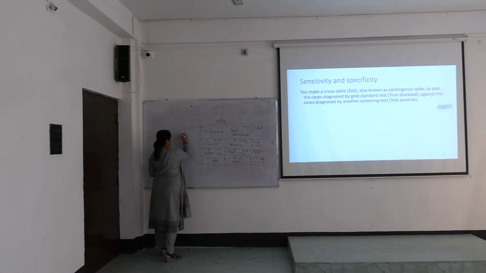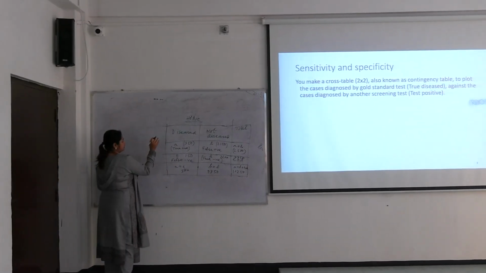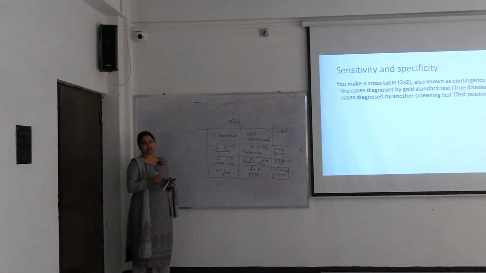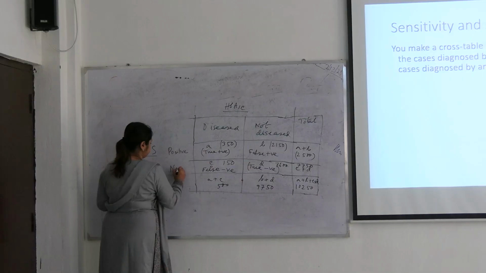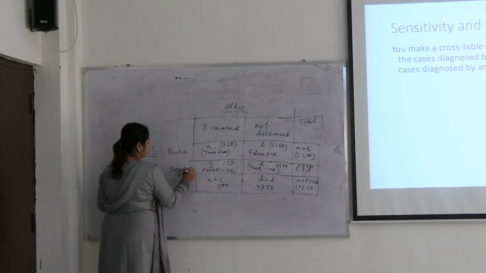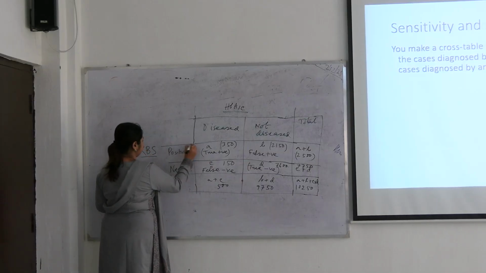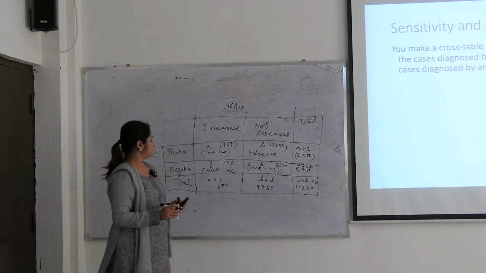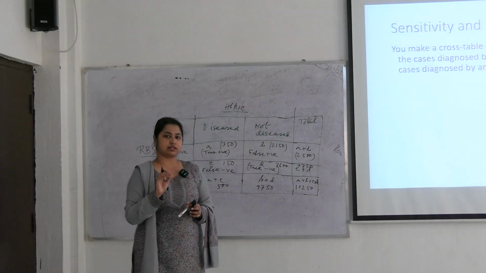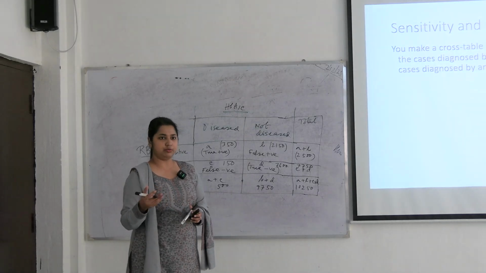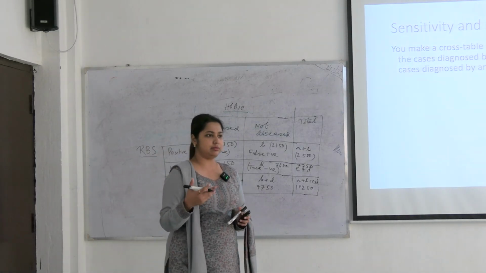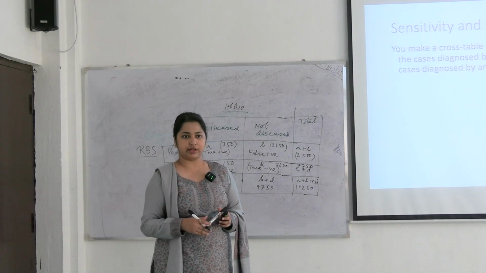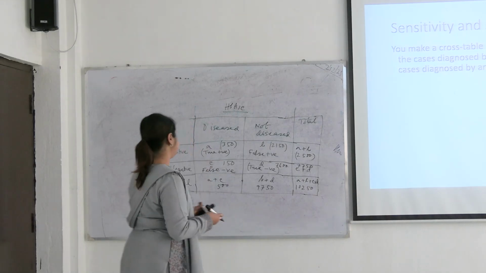So, what can be a screening test for this diabetes? RBS can be considered a screening test, just to screen beforehand which person might have diabetes and which person might not, or has a high chance of having diabetes.